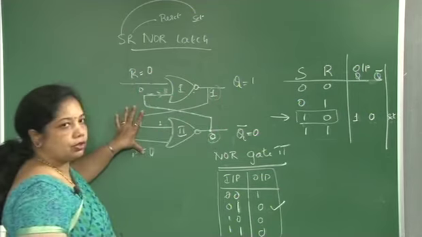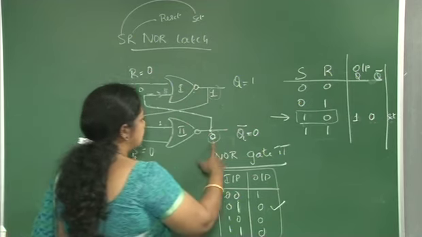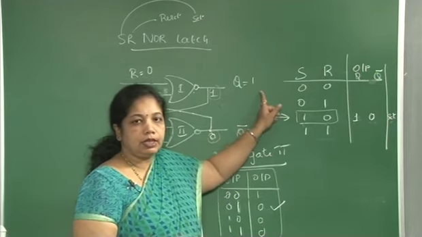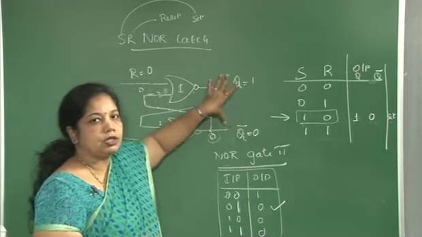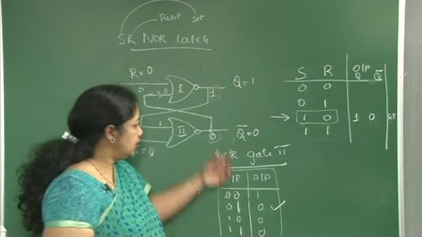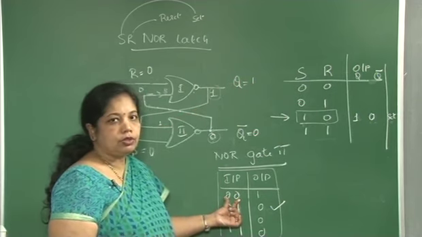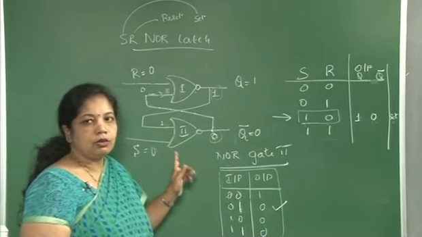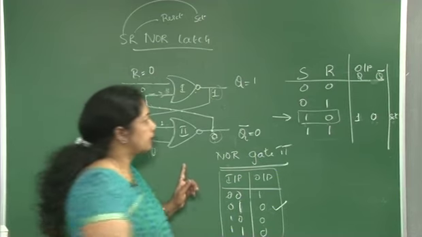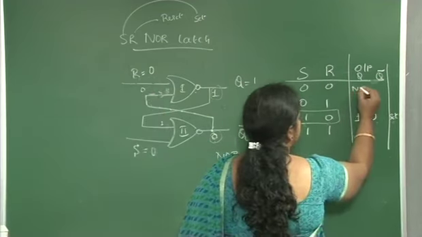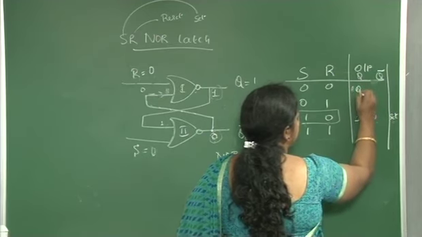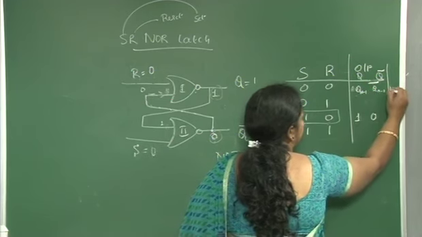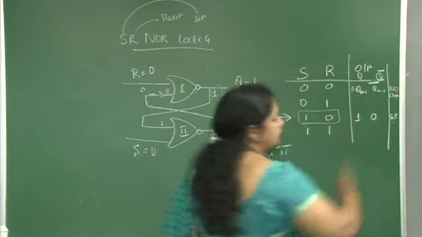Even though I give 0 0, my output is 1 and 0, meaning whatever the previous output has been is stored in the latch. We call this the no change condition, where the previous condition is stored.